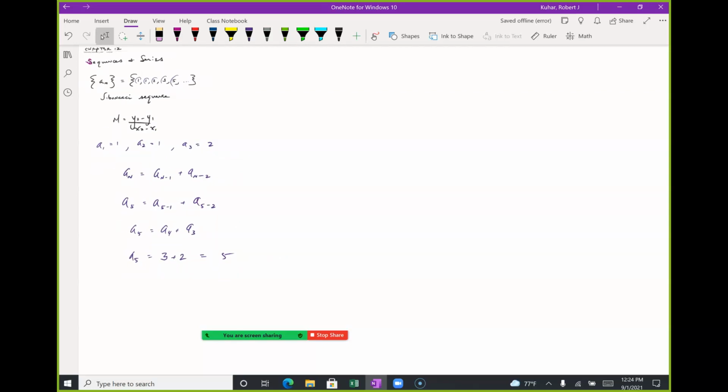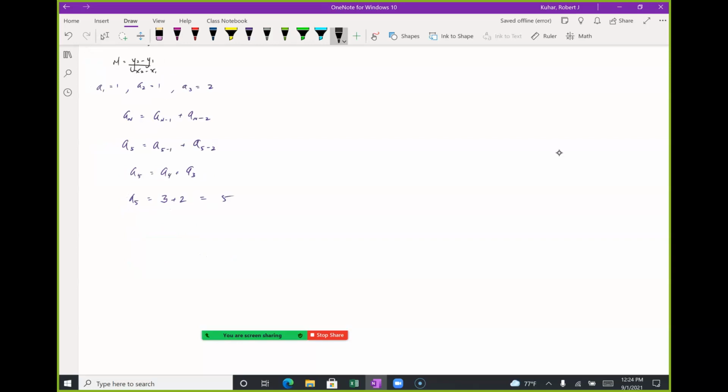So for example, just as another example here, a sub n, and you'll see all this kind of notation, is the set of, let's say, n plus 1 over n squared, right?